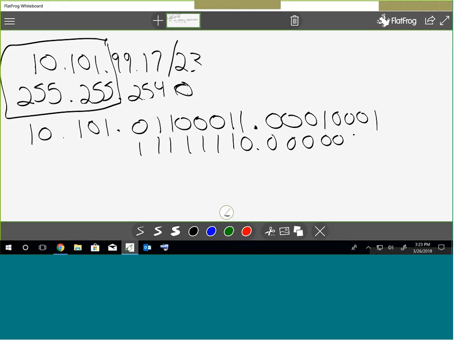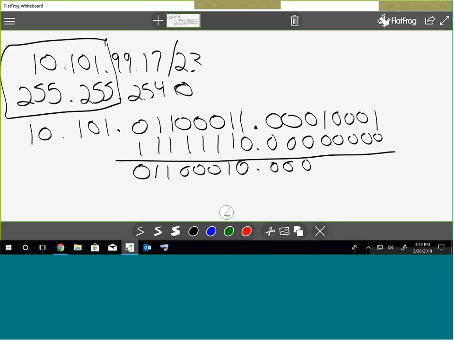So what we get to fall through here is 01100010, which is 98, dot 0.